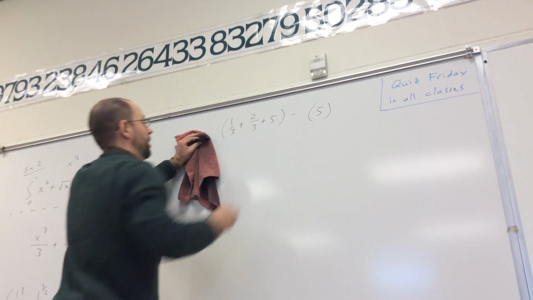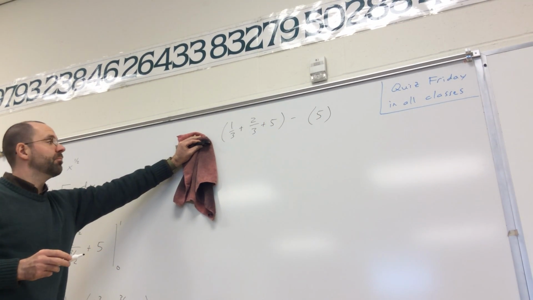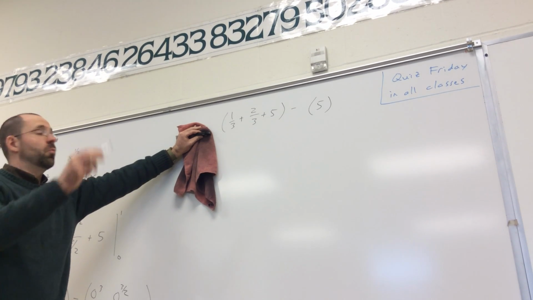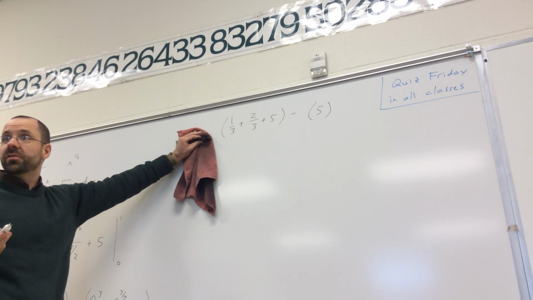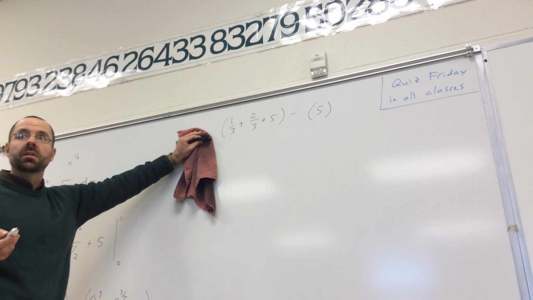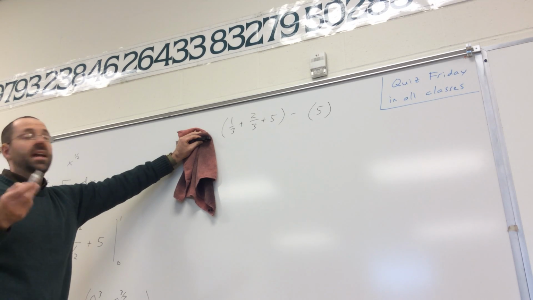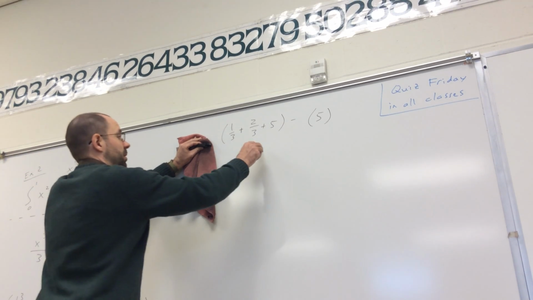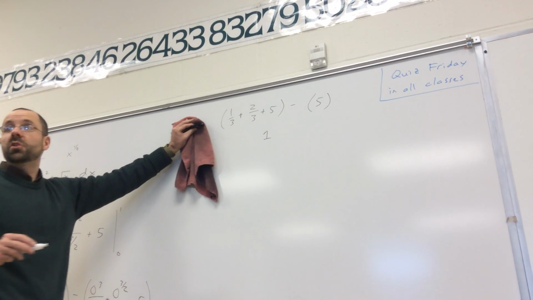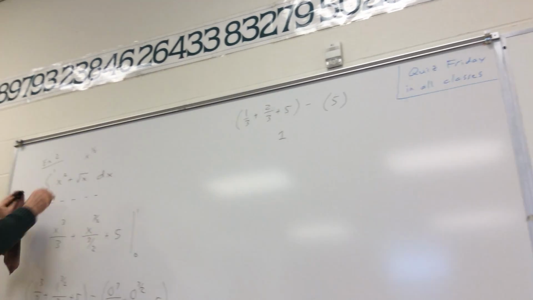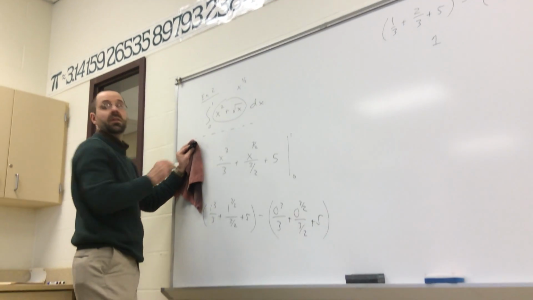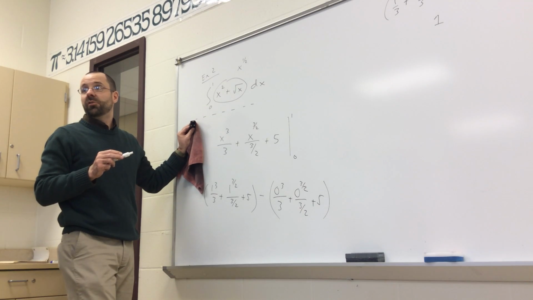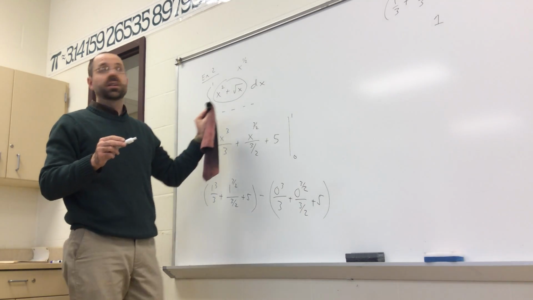And then subtract. So now I'm going to take 1/3 plus 2/3, and that's 3/3, which is 1. Then add 5, that gives me 6. Then subtract 5, that gives me 1, right? So what that means is, if I graph this function and find the area under it from 0 to 1, that's going to be 1.